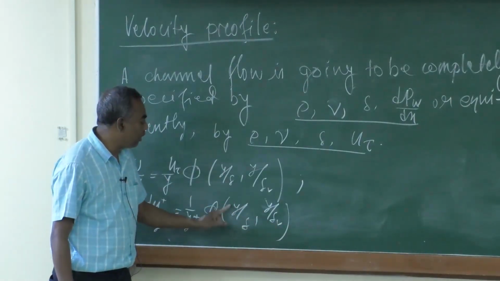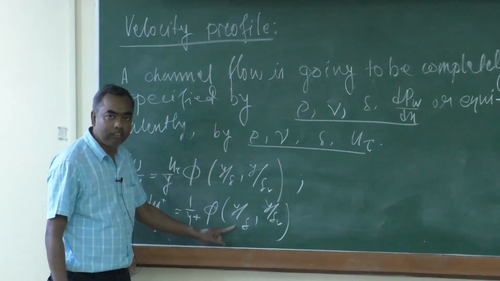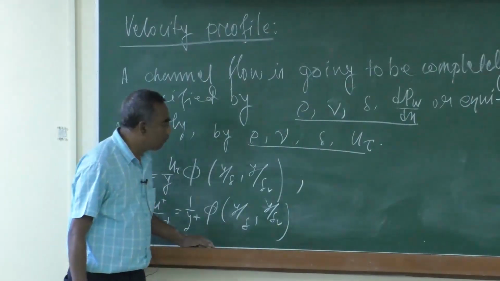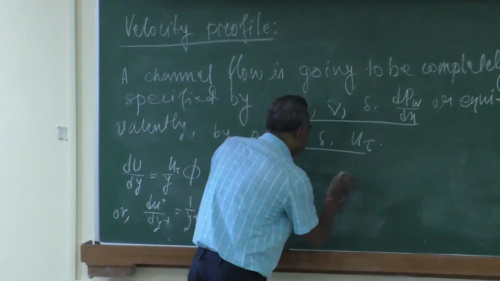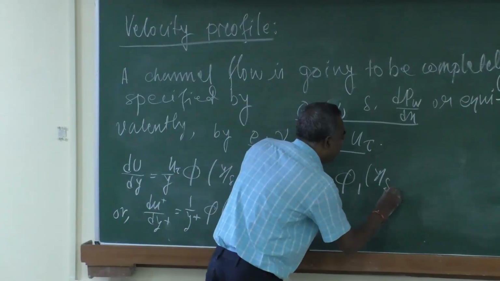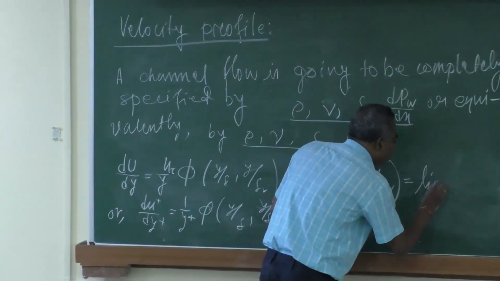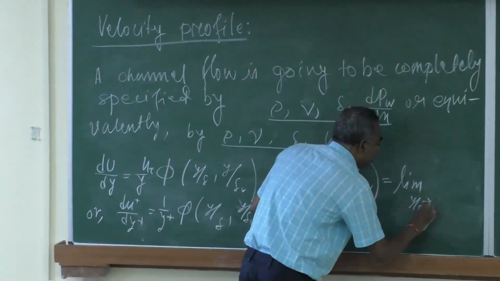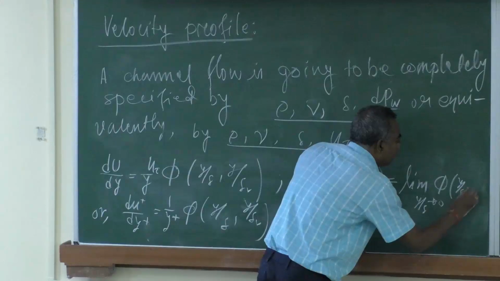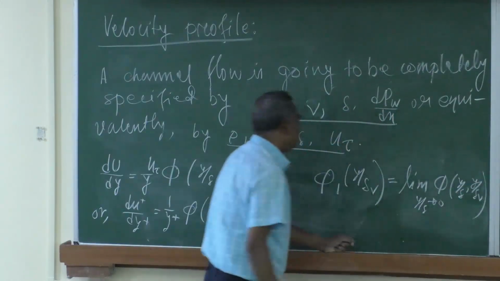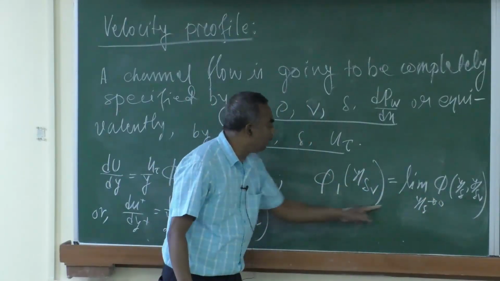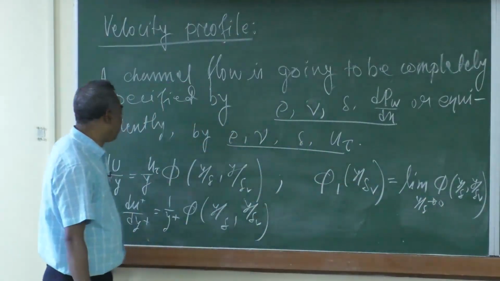It becomes independent of y by delta. That was the postulation of Prandtl. As per Professor Prandtl's postulation, this phi 1 is a function of y by delta v only, in the limit of y by delta tends to 0.